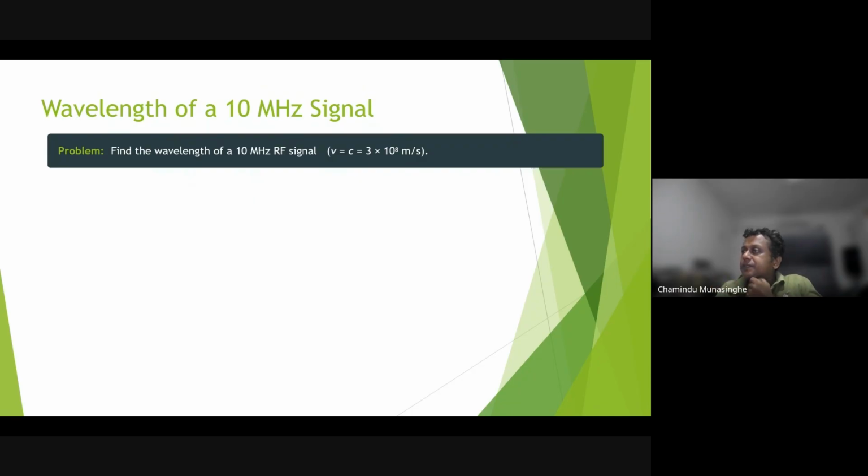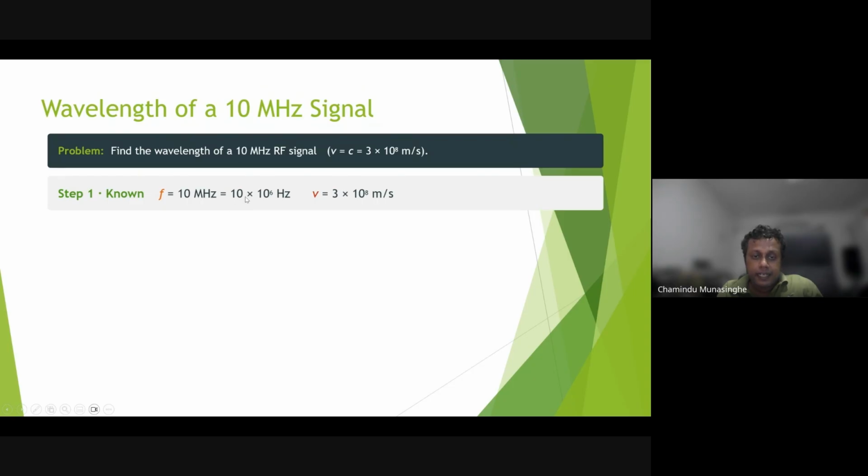So let's go step by step, right? Step 1: the known is F, which is 10 megahertz. 10 times megahertz is 10 times 10 to the power 6, right? Velocity is given, so we can apply the formula. We can rearrange: lambda is V divided by F, right?